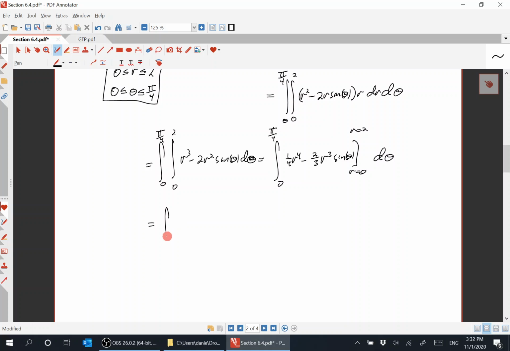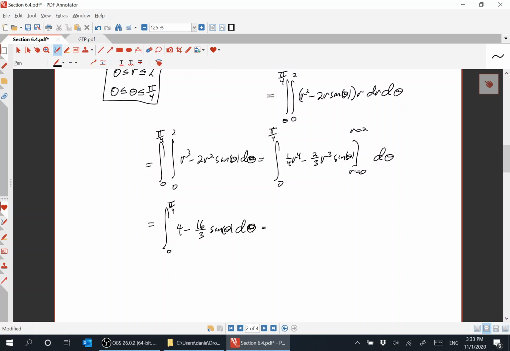So this is equal to the integral from 0 to pi over 4 of 16 over 4 is 4 minus 16/3 sine of theta d theta.